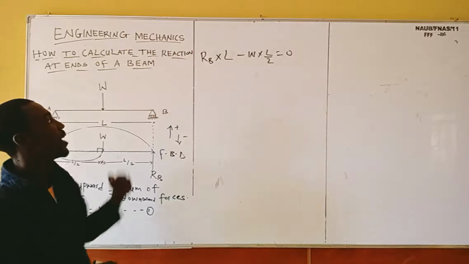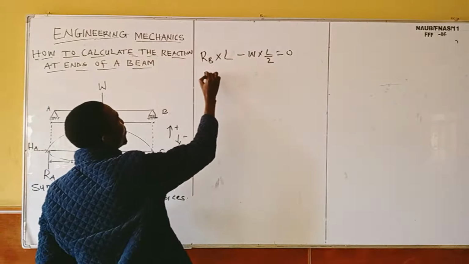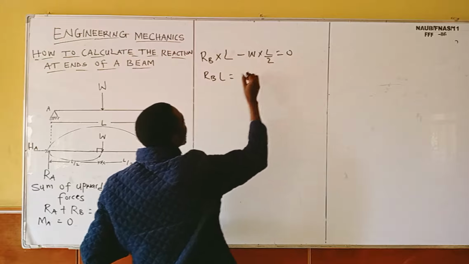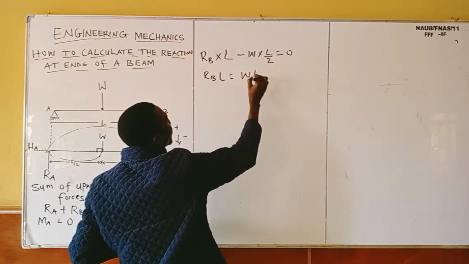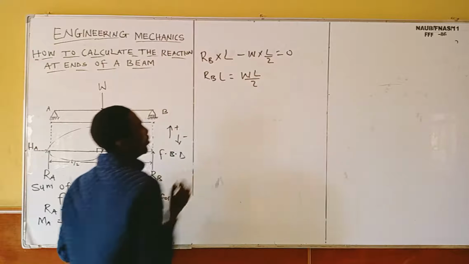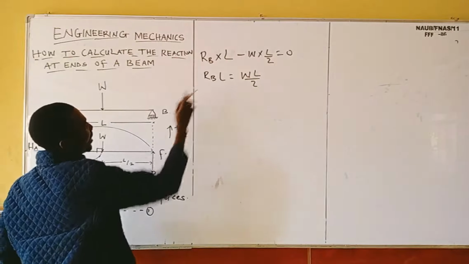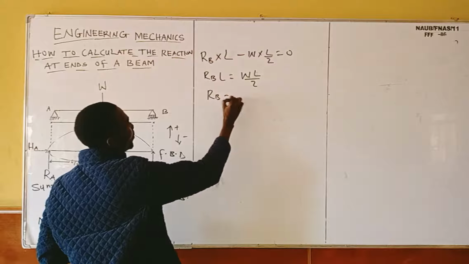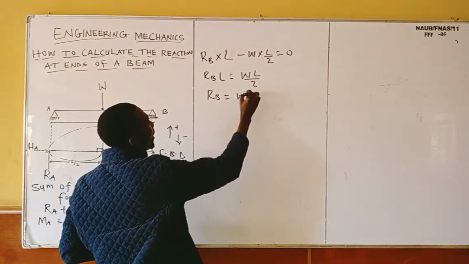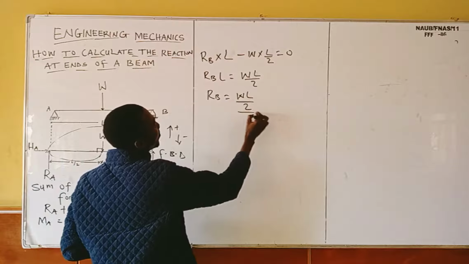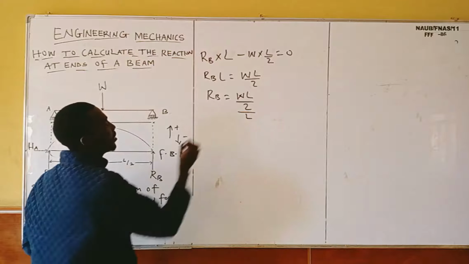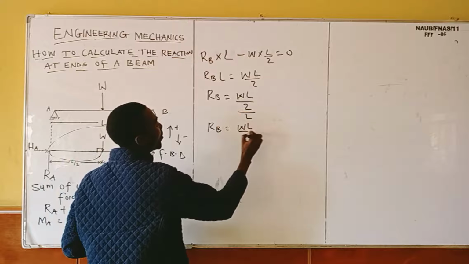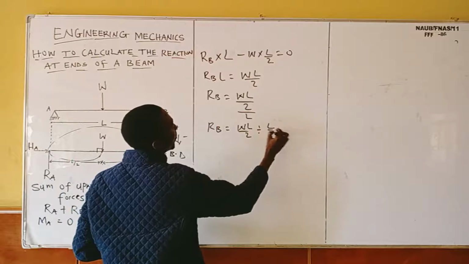So now for me to get my R_B, I can say R_B L equals, this one is negative, if you cross to the other side, it will be positive, W L over 2. Do you get that? Now I will divide both sides by L. So R_B will be equal to WL over 2 divided by L over 1.